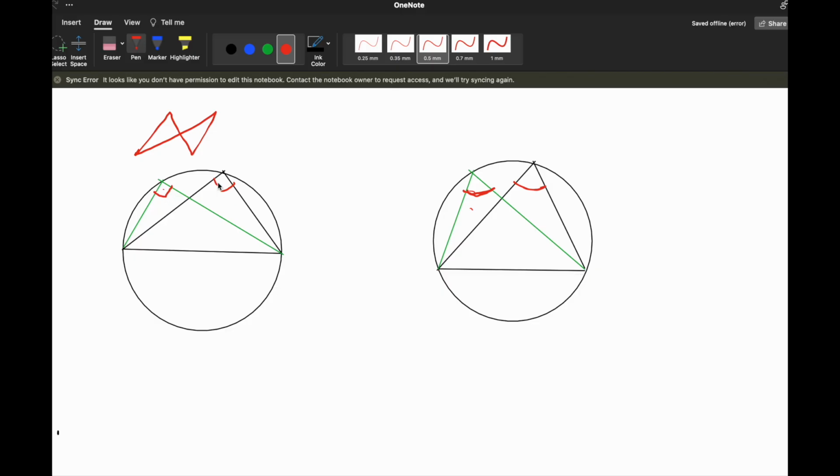So just as here is 90 and here is 90 when it's on the diameter, when it's sitting on something that's not the diameter, whatever angle is in here is also here. With the one on the diameter, here is 90 and here is 90. Now with the one that's not on the diameter but on a chord, and they're both sitting on the same chord, if this was 35, that would mean here is also 35.